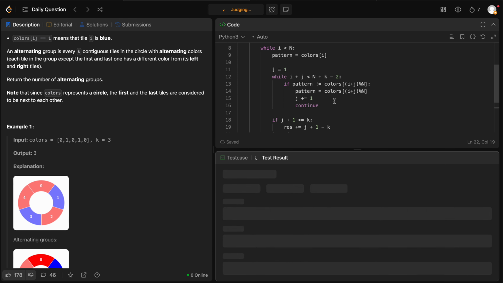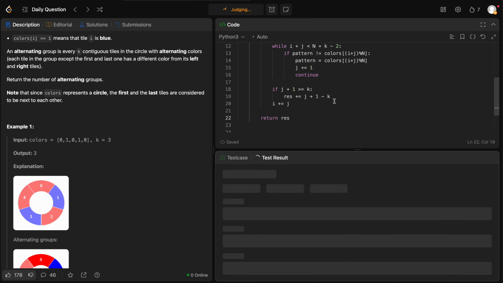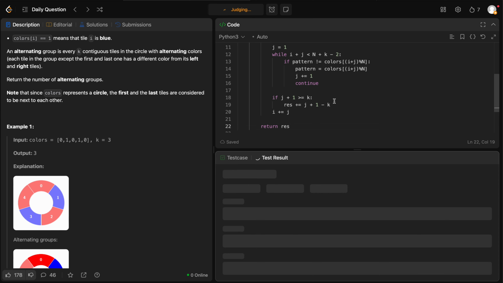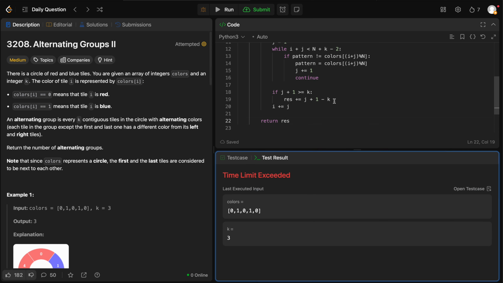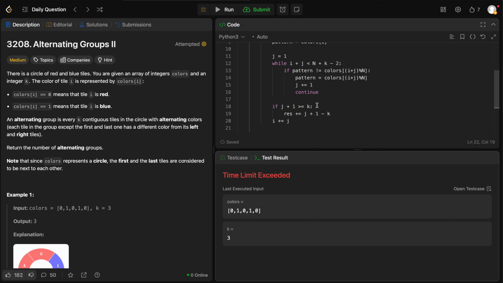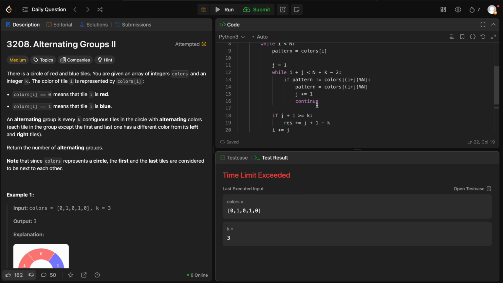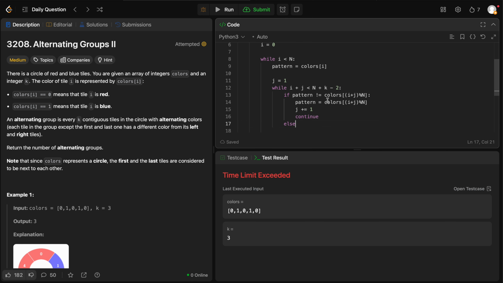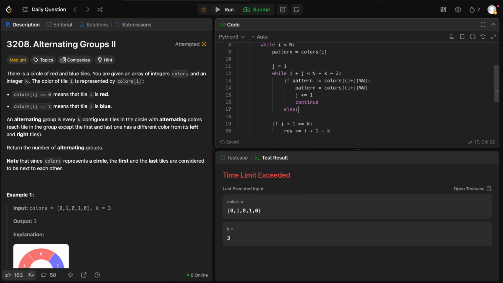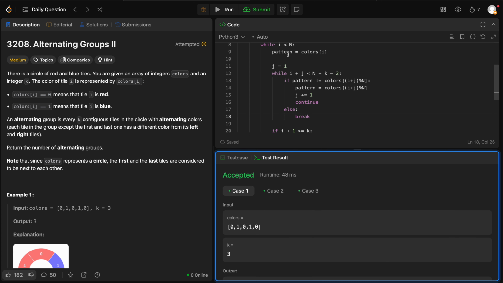Something along these lines. Okay, yes, but if it's not good, I need to break. Else break.